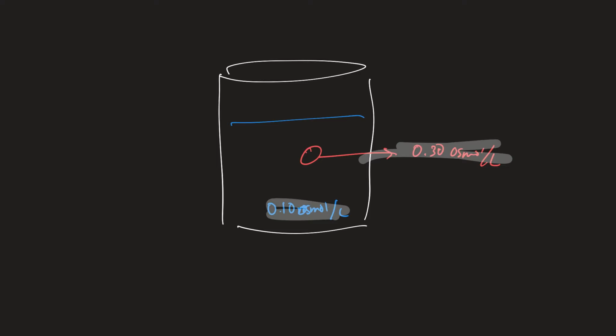Remember, it's all about which side has the higher concentration of water. This solution has a higher concentration of water because the solute concentration is just 0.10 osmol, while within the cell it is 0.30 osmol. So the concentration of water outside the cell is much higher, and the water is going to flow into the cell.